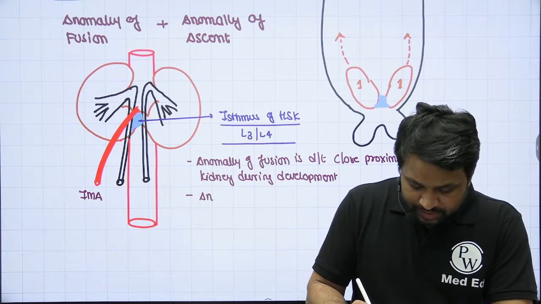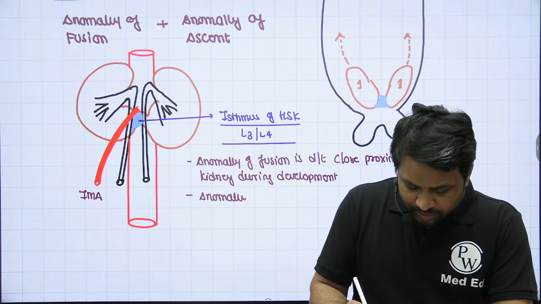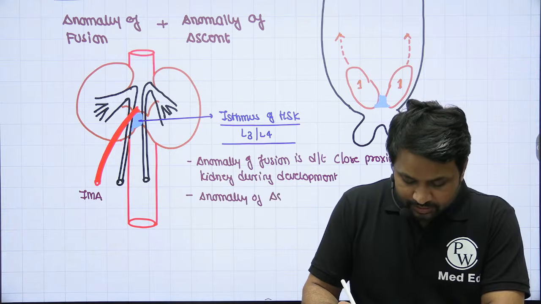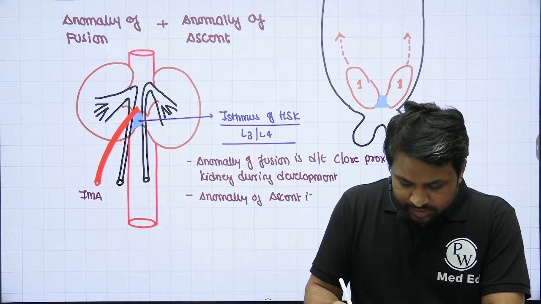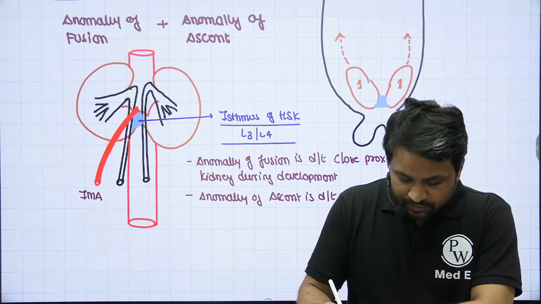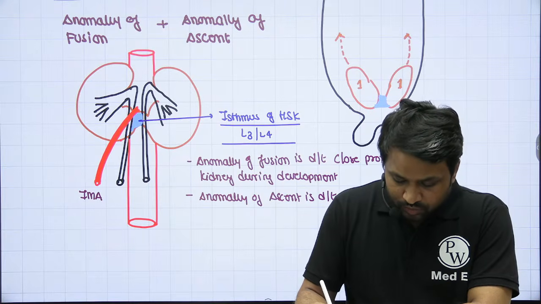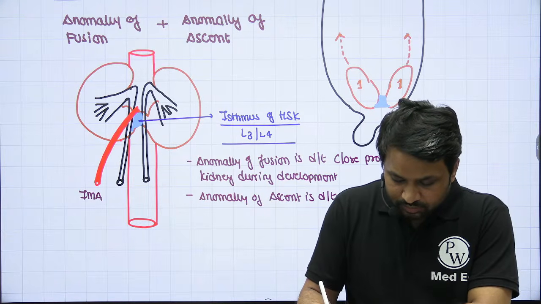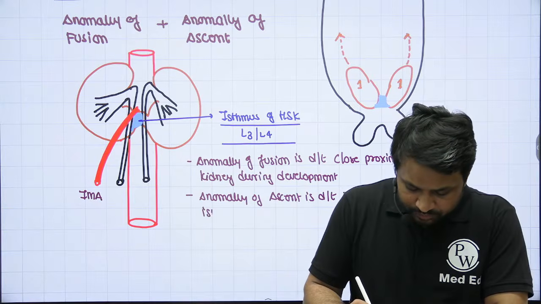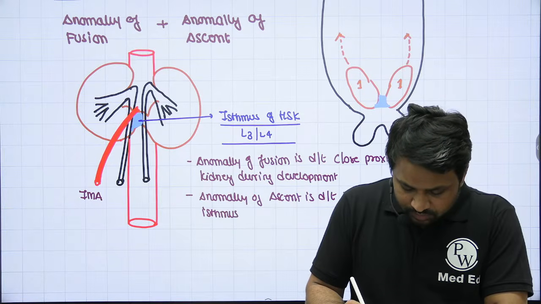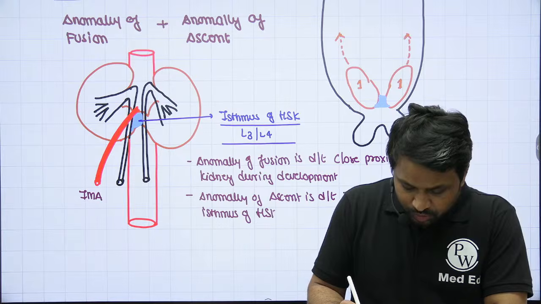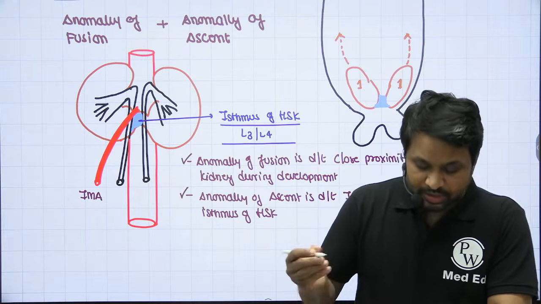The anomaly of ascent is due to the inferior mesenteric artery overriding the isthmus of the horseshoe kidney, right? So there are two important components: the anomaly of fusion.